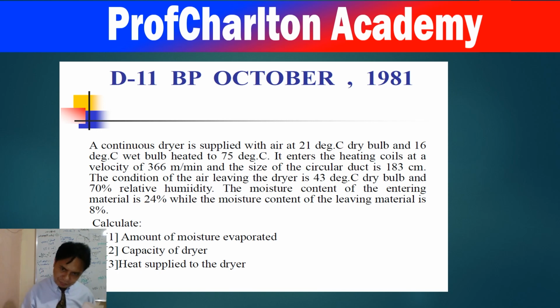Now, the question: calculate the amount of moisture evaporated, meaning the amount of water content that is being extracted. Then the capacity of the dryer, which is based on the product or the output. Then the heat supplied to the dryer. So what is the heat being supplied by the heater to the dryer?